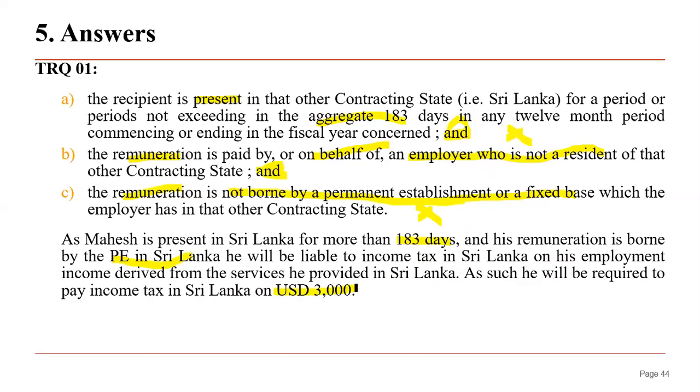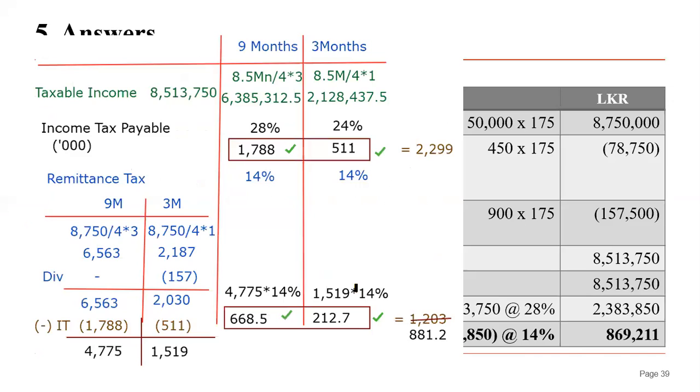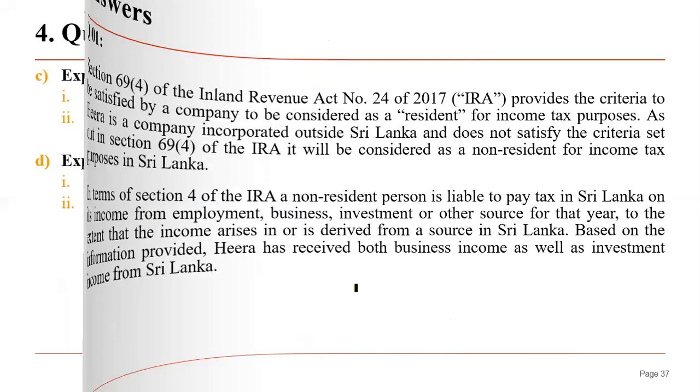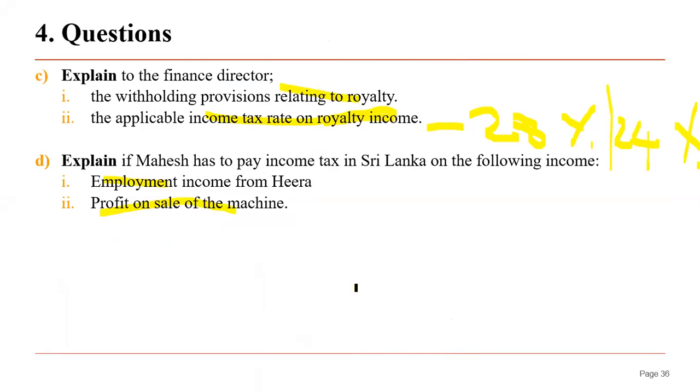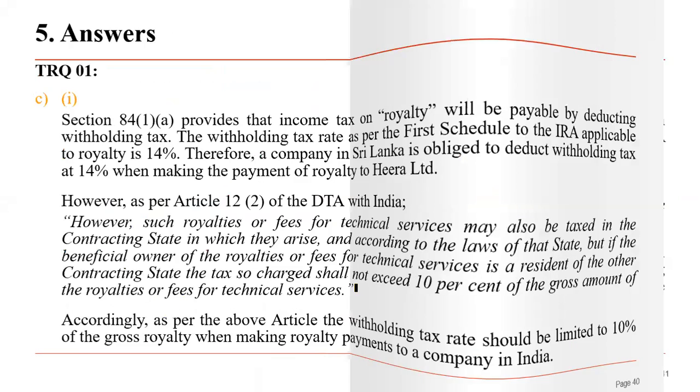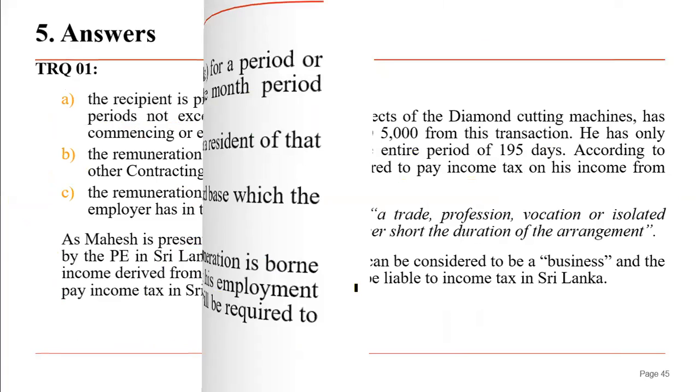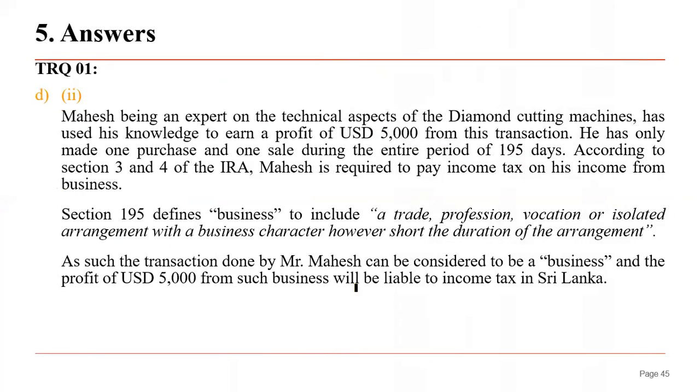Then the last question is asking about employment income, profit and sale of machine. Mahesh, being an expert on the technical aspect of the diamond cutting machine, used his knowledge to earn a profit of USD 5,000 from this transaction.